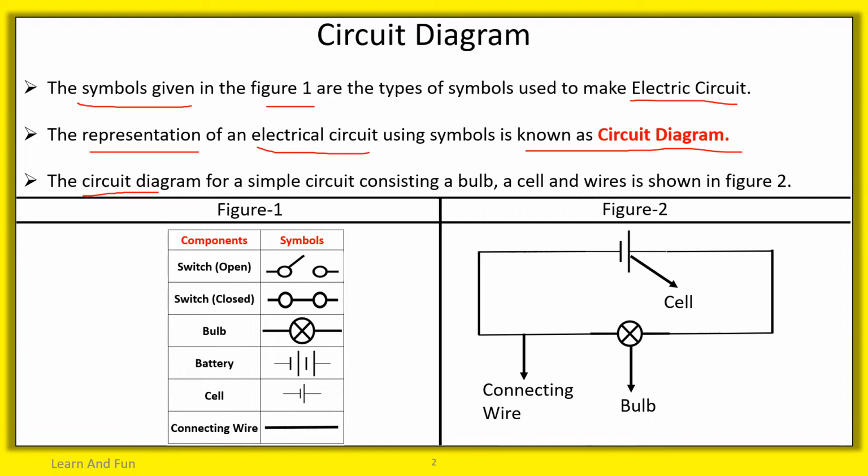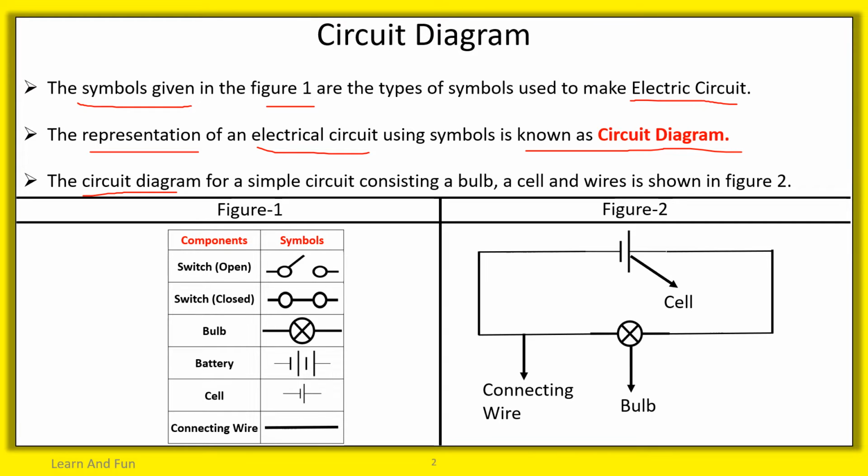The circuit diagram for a simple circuit consisting of a bulb, a cell and a wire is shown in figure 2. But first, let's see figure 1. The components and symbols are given on two different sides of the table. First is the switch.